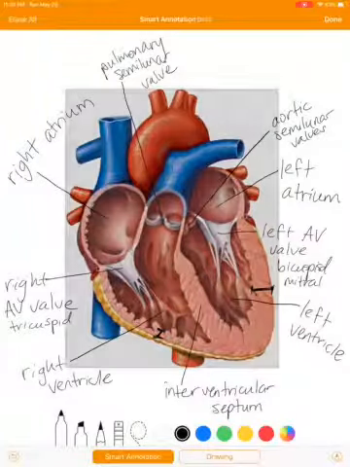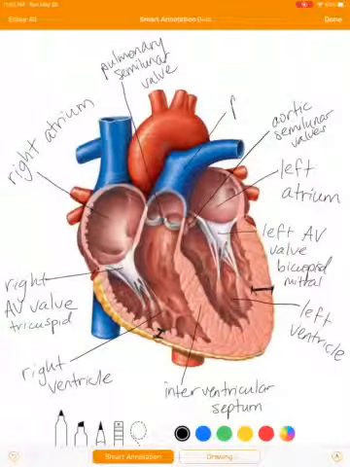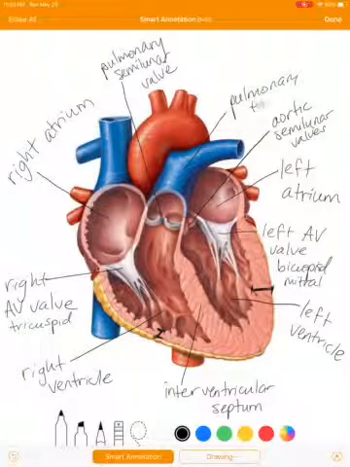Right. So the pulmonary semilunar valve essentially separates the right ventricle from this major structure carrying blood away from the heart here, called the pulmonary trunk. All right.